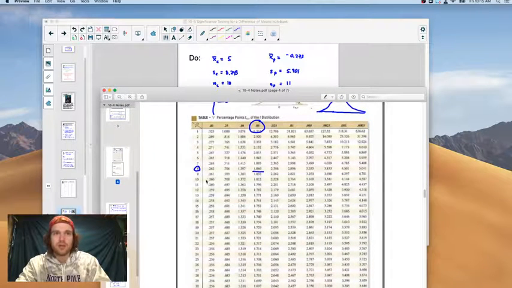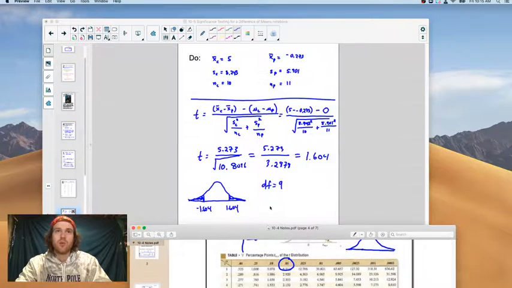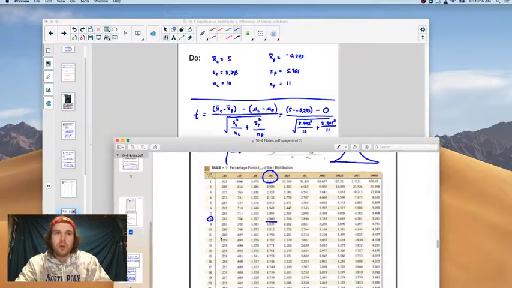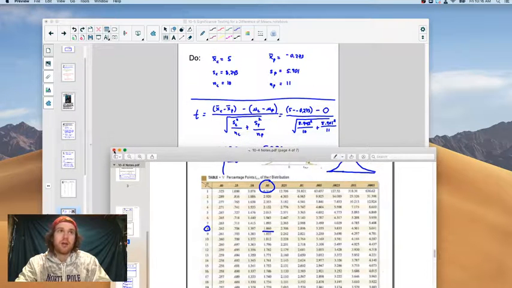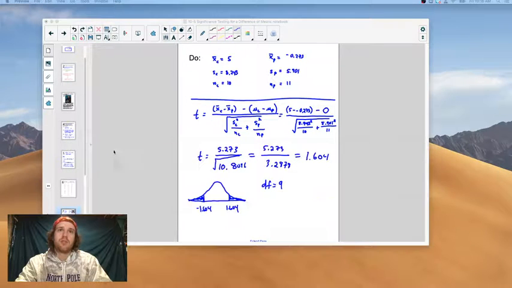We're going to degrees of freedom 9, that's from last lesson, and we're going to see where 1.604 falls between. 1.604 falls between 0.1 and 0.05 for the area here. And so if we know that it falls between 0.1 and 0.05, that's just for one side. We have to double it, so our p-value is really between 0.2 and 0.1, which is actually going to cause us to fail to reject.